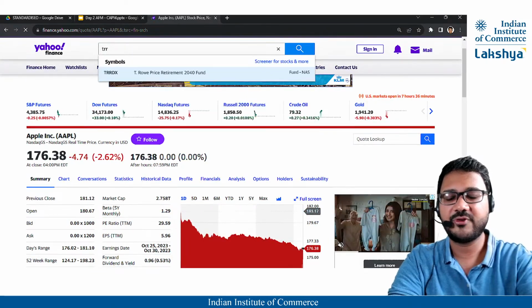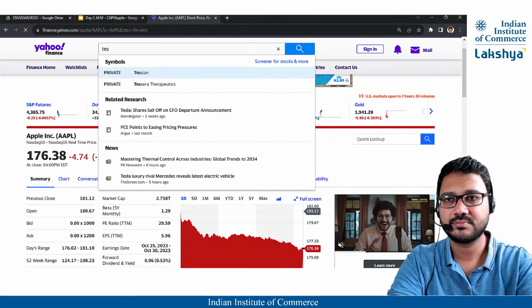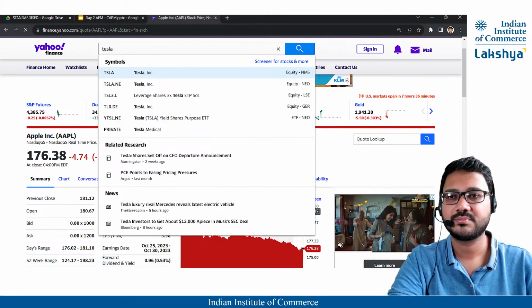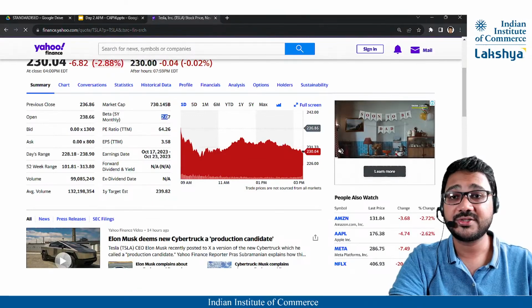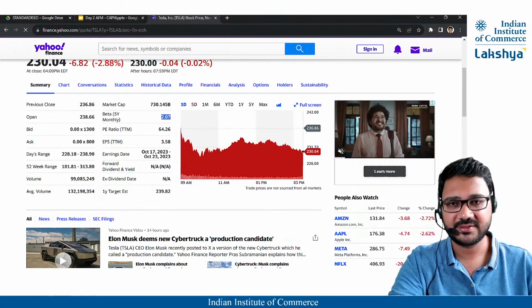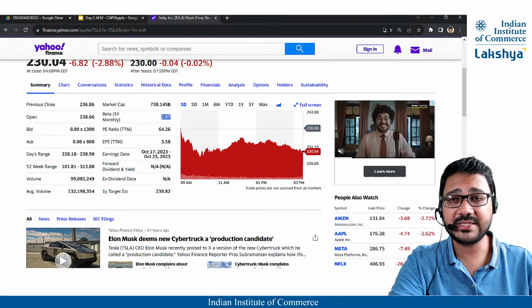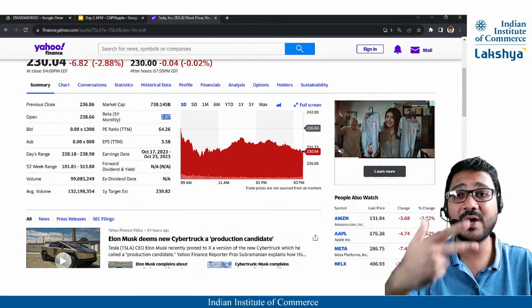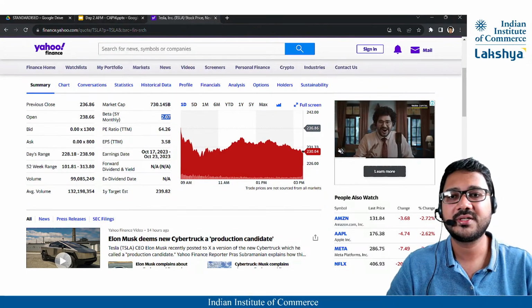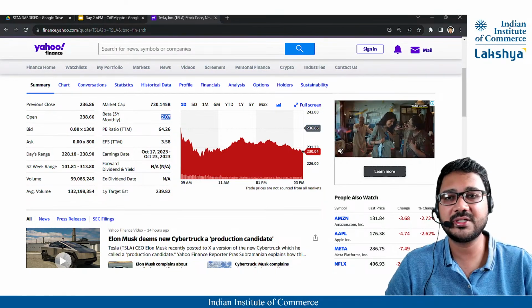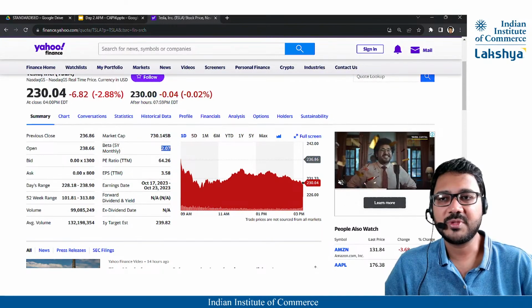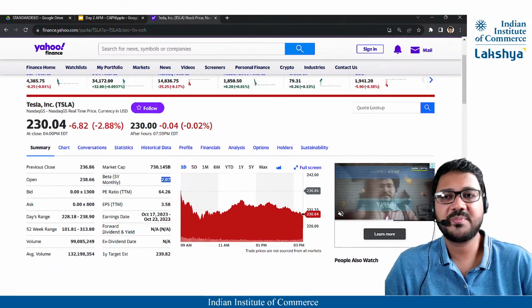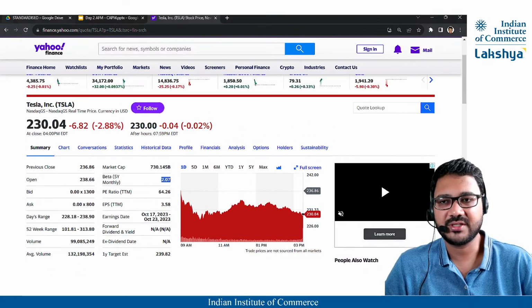If I do it for Tesla, it is 2.07, which means Tesla is twice as risky, or 2 times riskier than the markets. The market could be maybe Nasdaq 100 or S&P 500, whatever the benchmark they have taken.